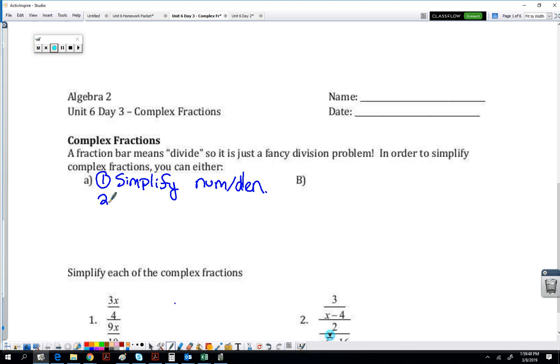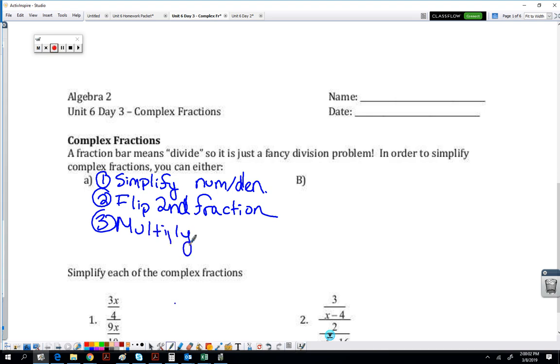You can flip the second fraction, and then multiply: keep, change, flip, and then cancel. Or what you can do is multiply everything by your LCD.